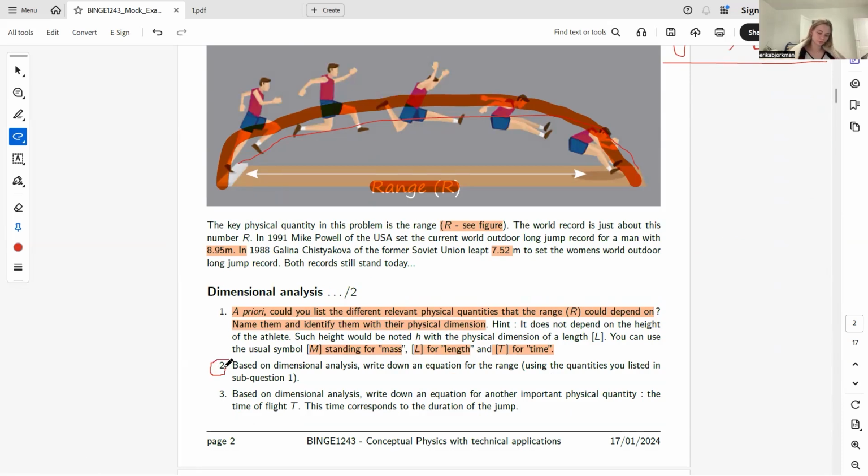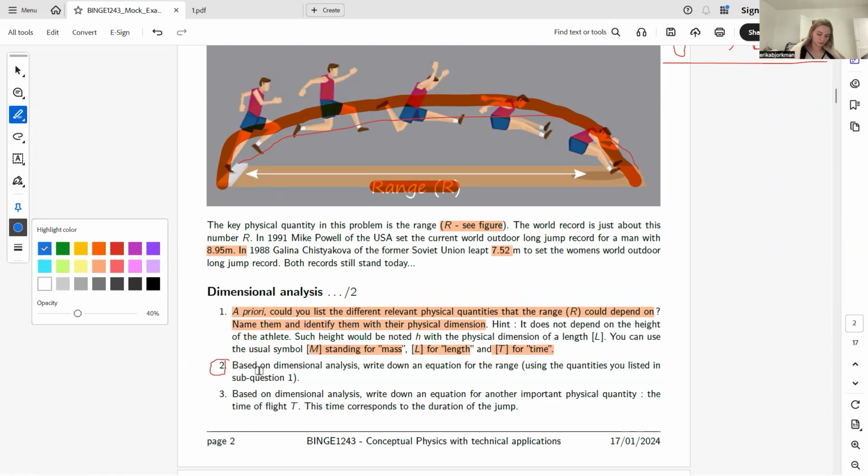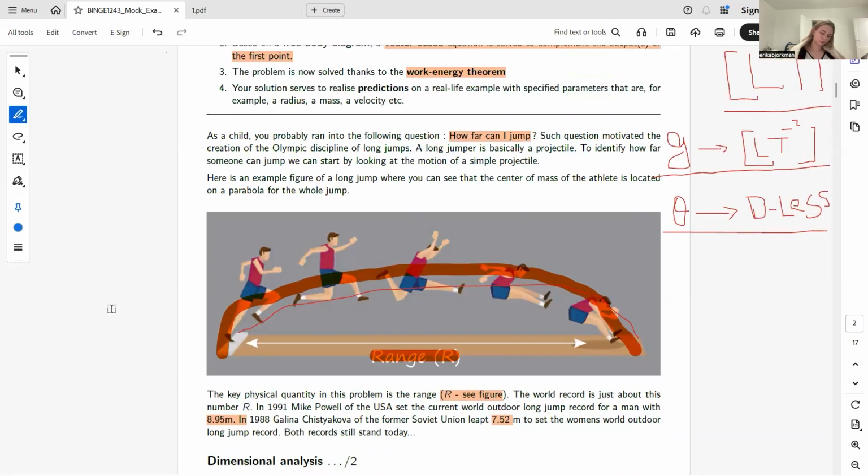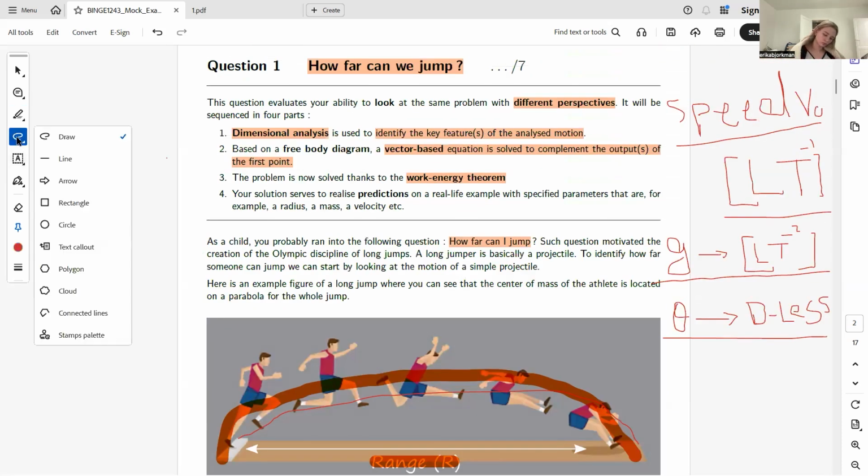Let us check the second part. In the second part he is saying, based on the dimensional analysis, write down an equation of the range. We have already calculated many formulas in our previous classes by using dimensional analysis, and today we will do the same thing.